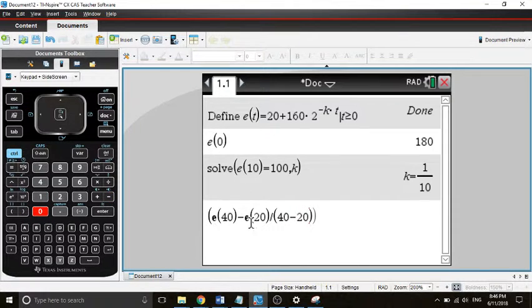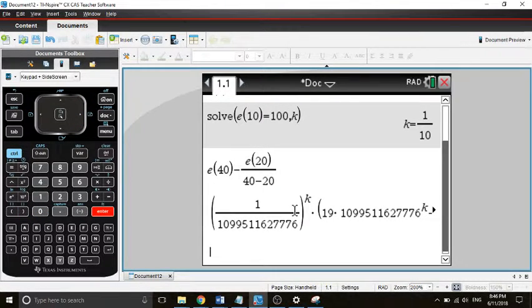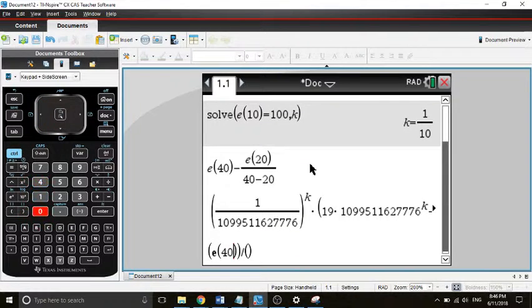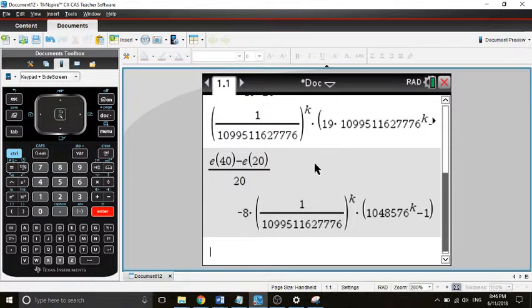So this is y2 minus y1 over x2 minus x1. No, that looks terrible, so we've got to do that again. Divided by 20, because we know 40 minus 20 is 20. There we go.